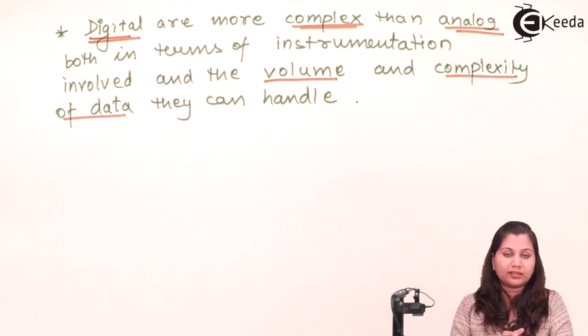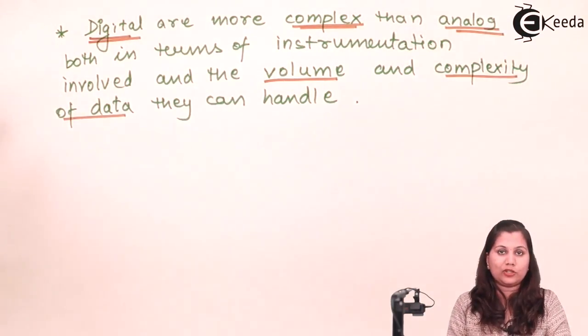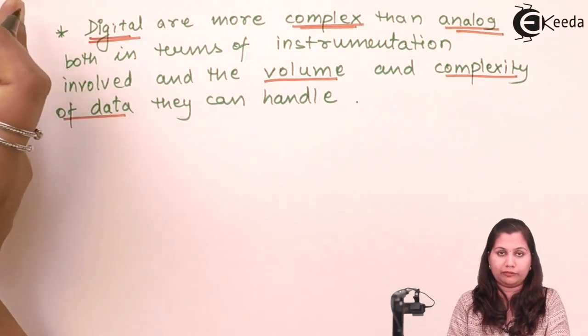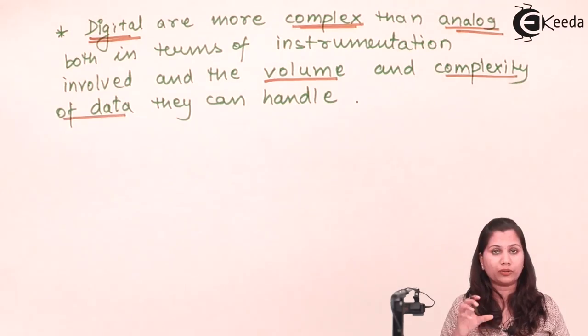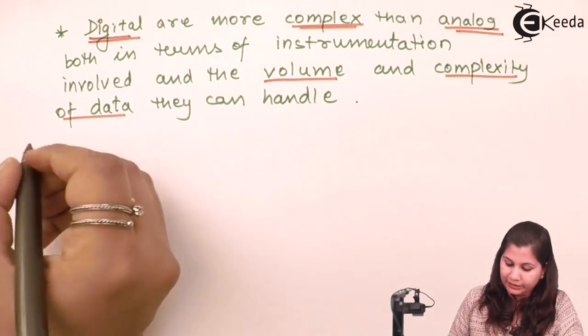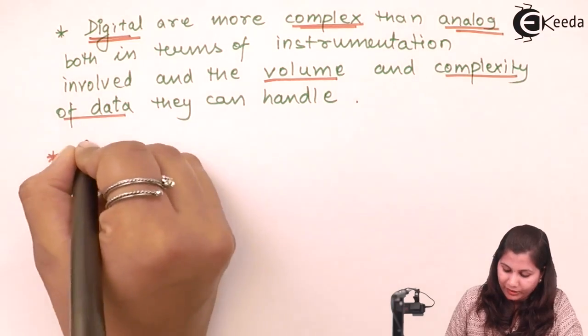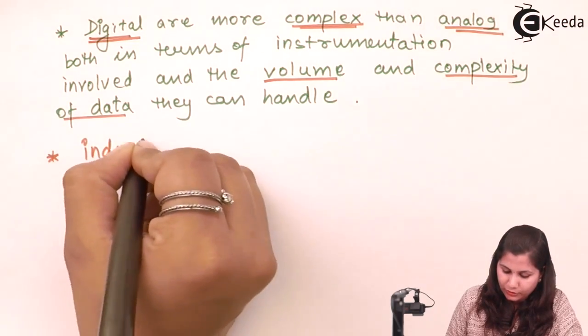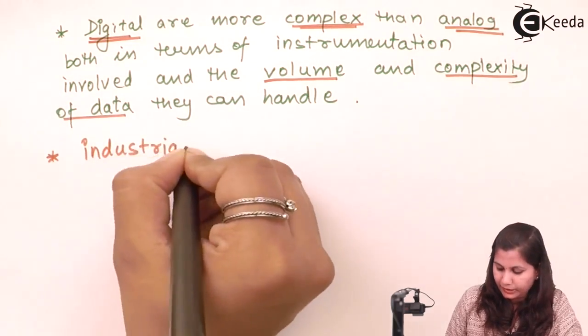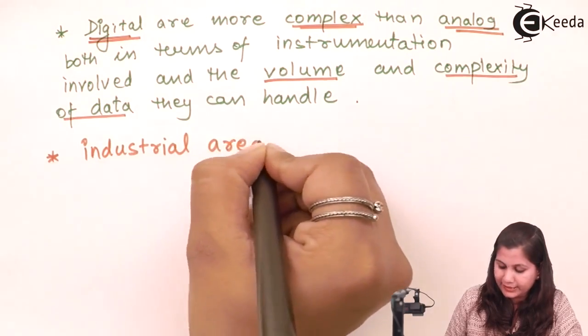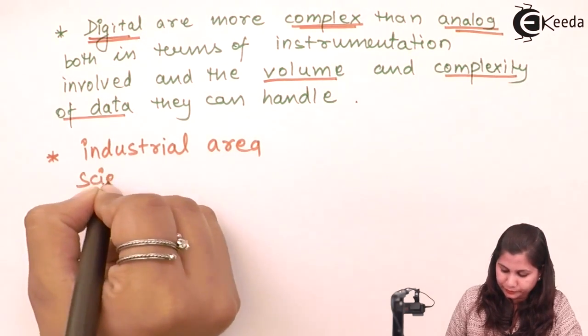Now this was the difference between analog and digital, and on the basis of that difference their applications are also different. If we talk about the applications of the data acquisition system together, they have industrial applications and scientific applications.